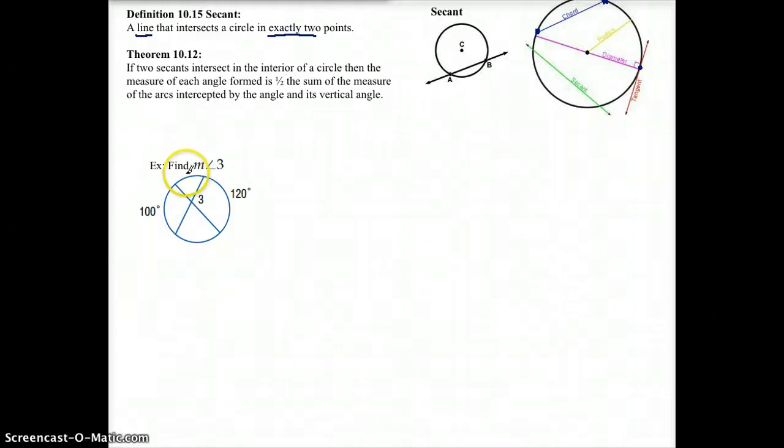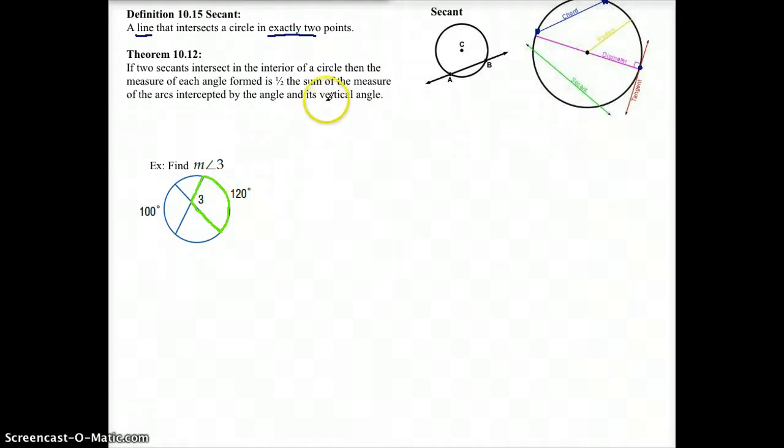So my theorem says that if I want to find the measure of angle 3, the measure of angle 3 should equal 1/2 of the sum of the arc that angle 3 creates. Let's do a little highlighting here. Angle 3 goes out here and out here, and it creates this arc here, which is 120 degrees.